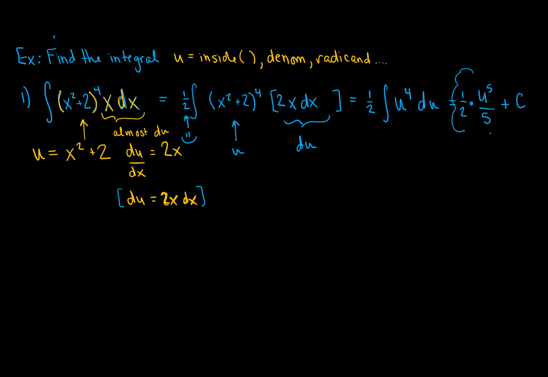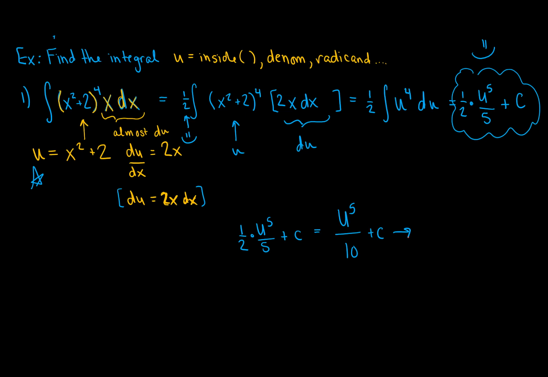All right, so that's kind of my answer. It's not quite my answer because what do I have to do yet? Yeah, I have to plug back in my u stuff. So my answer was 1/2 times u to the 5th over 5 plus c, which by the way simplifies into u to the 5th over 10 plus c.